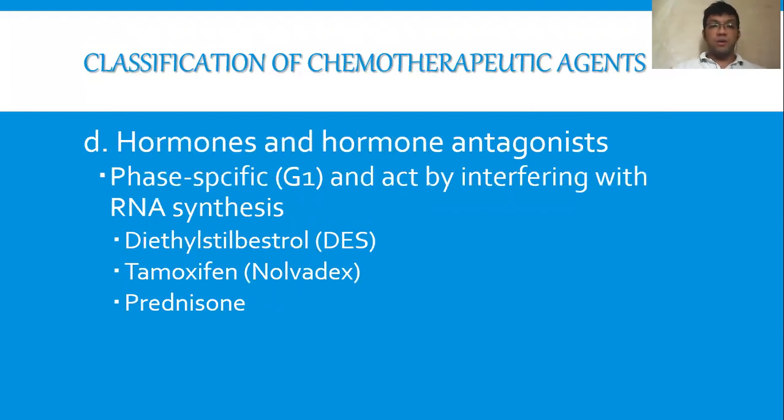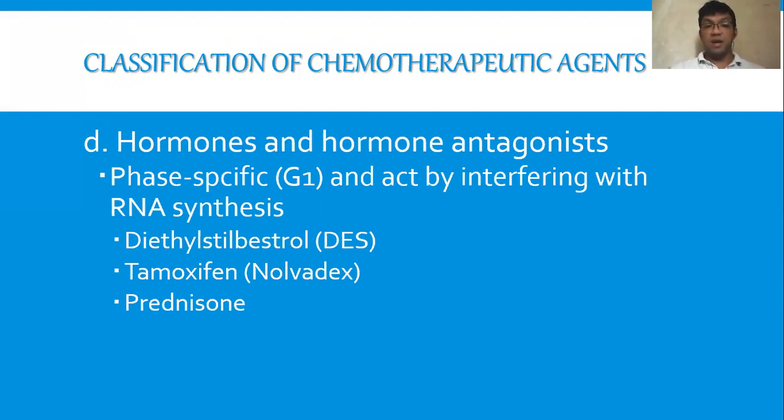And another would be hormones and hormone antagonists. This one, they are phase specific. They act on G1 specifically, and they act by interfering with RNA synthesis. We have diethylstilbestrol, DES, tamoxifen, which is the drug of choice for patients who have breast cancer.